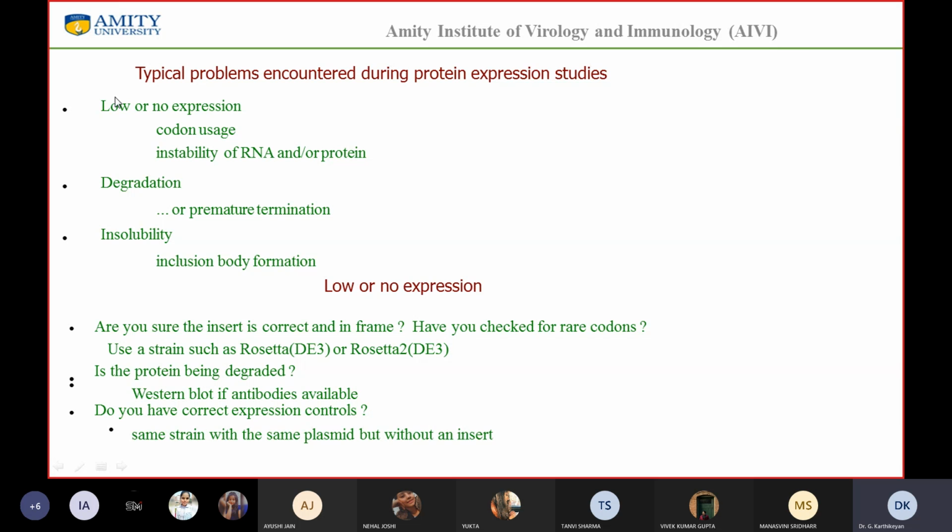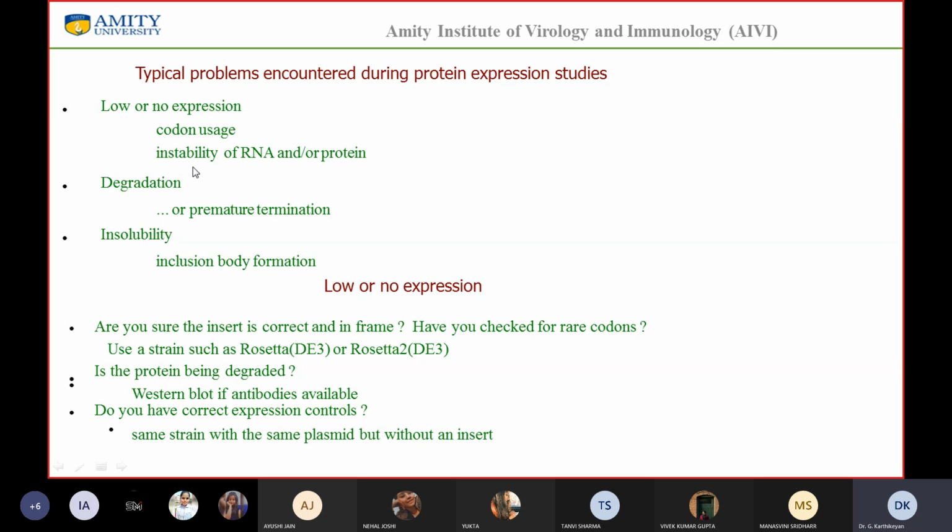The codons that E. coli uses versus the codons that another organism may use may be different. As I said, E. coli doesn't have those codons that are highly GC rich or highly AT rich, right? So you need to make sure that you are taking care of the codon usage problem, either by using a strain that will supply additional tRNAs, or by modifying your own gene.